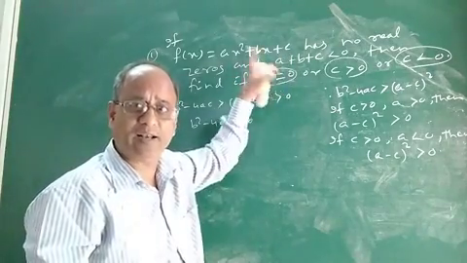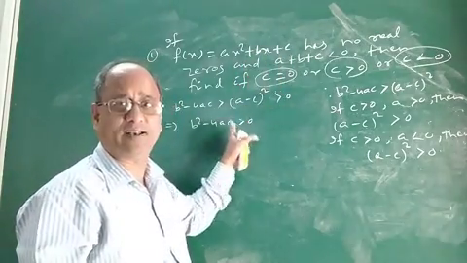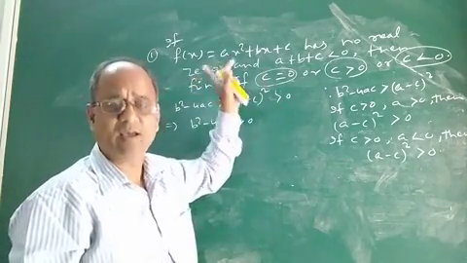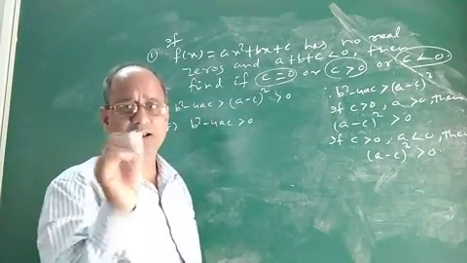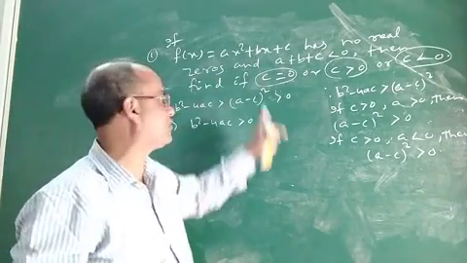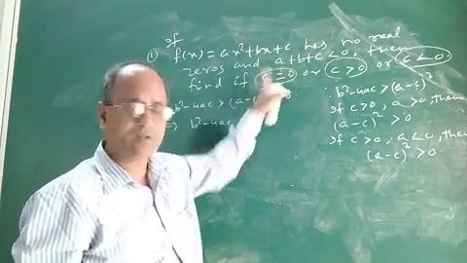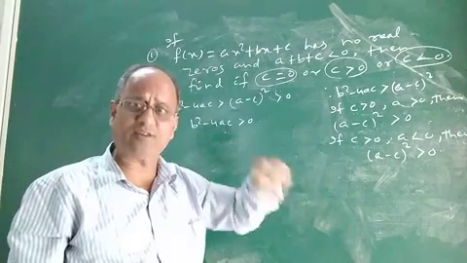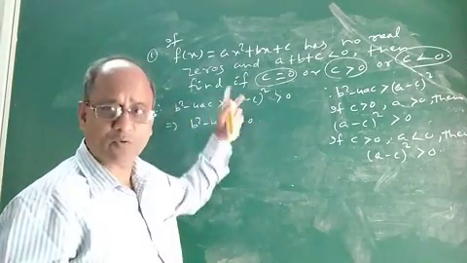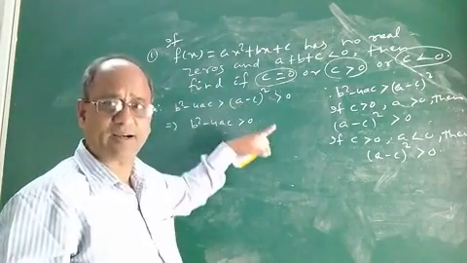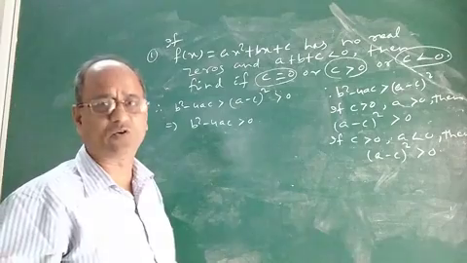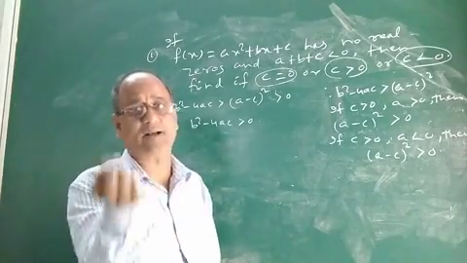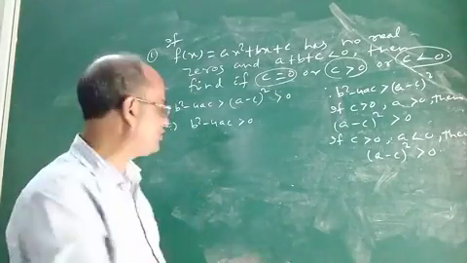We know d less than 0, or b square minus 4ac less than 0, is given in the question. As the quadratic polynomial has no real zeros, the discriminant associated with the quadratic equation is less than 0. That means b square minus 4ac is less than 0, it is given. But what we find is that if c greater than 0, then the discriminant is coming greater than 0.